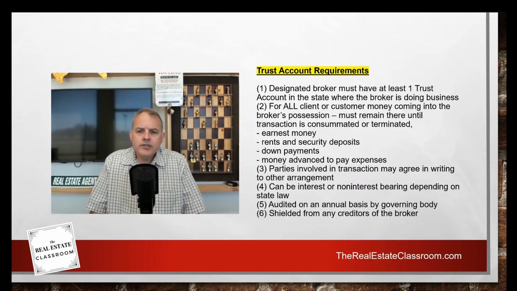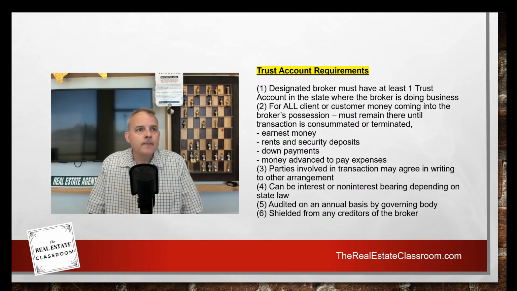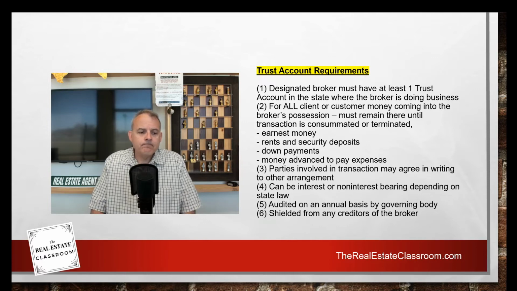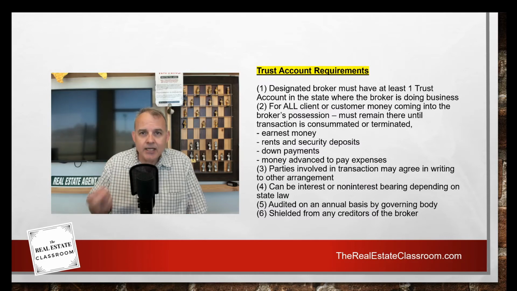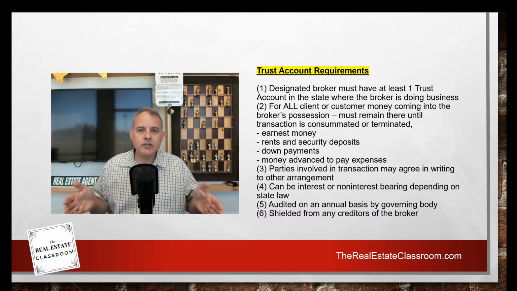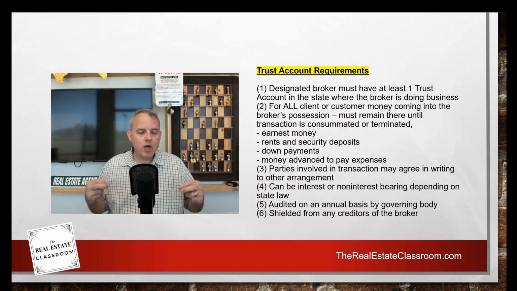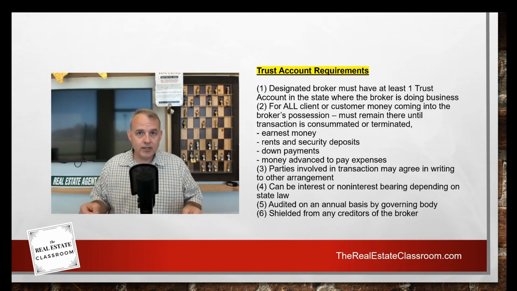All right. Number 3, parties involved in the transaction may agree in writing to other arrangements. Doesn't happen often, but here's an example. In most states, the trust account is non-interest bearing. So let's say that it's a huge development project, and the owner or the principal in that transaction deposits $50 million as a down payment into that broker trust account.